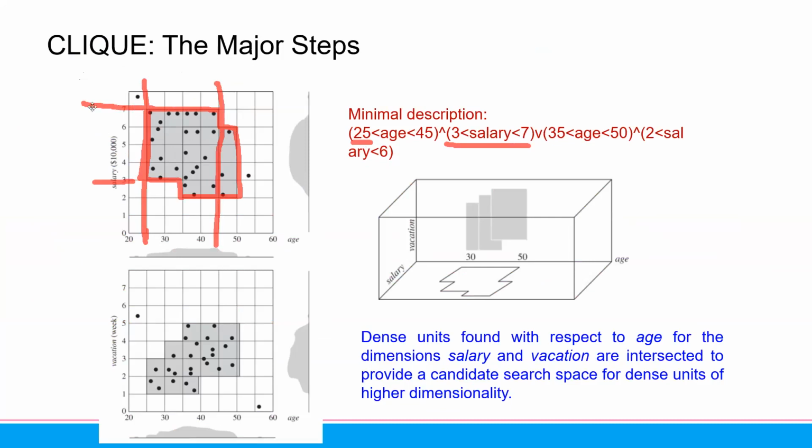So we have the first grid. The first grid is between 3 and 7, and then 25 and 45.